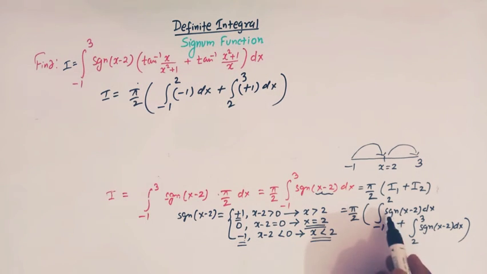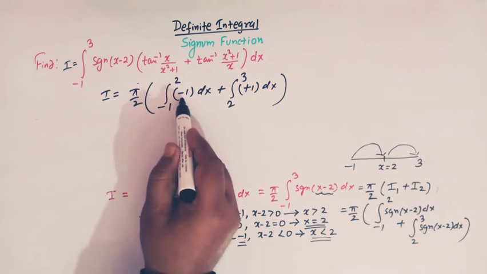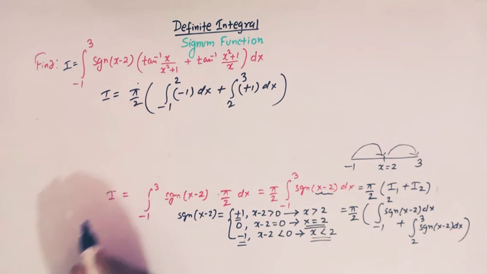So here signum of (x minus 2) is -1 because x varies from -1 to 2 and is less than 2 in this interval, and when x varies from 2 to 3, x is greater than 2, so signum of (x minus 2) is plus 1.